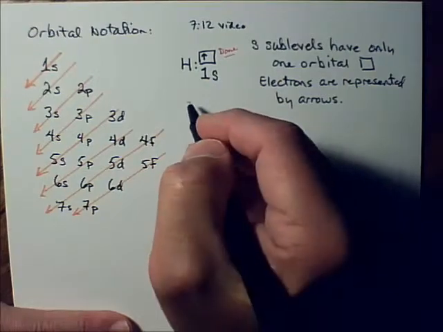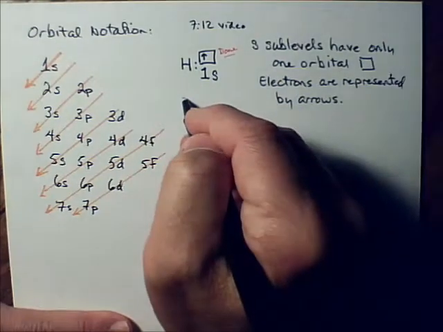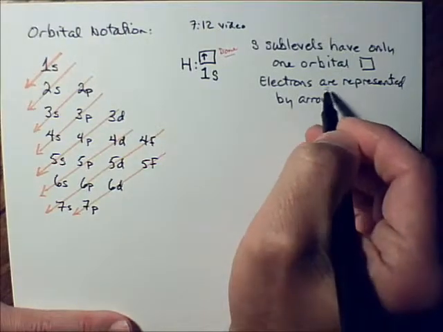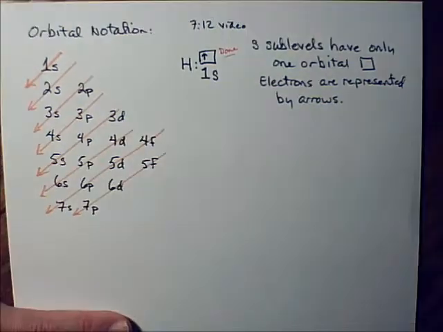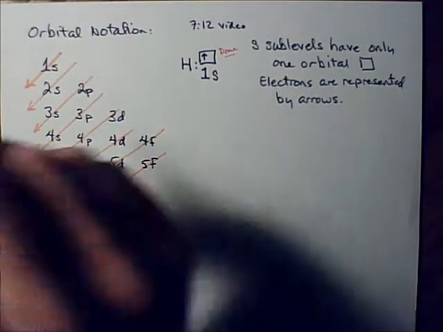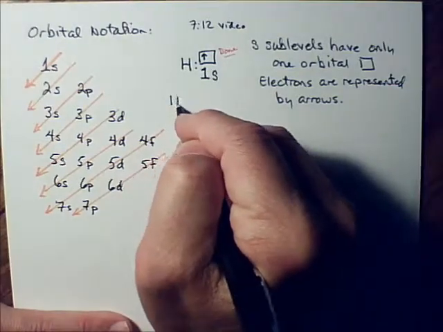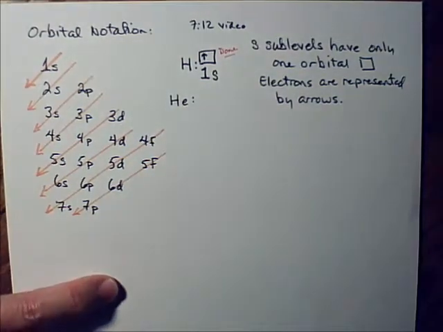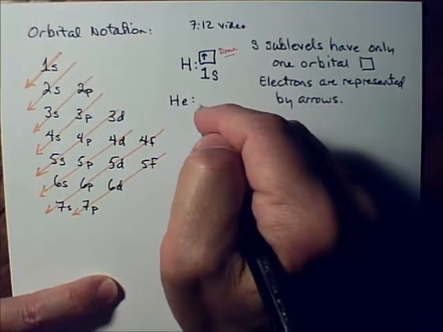All right, now we're going to go to what element? What's second? Because that represents the electron. One up arrow. Helium then is the next element. And what period is helium in? 1.